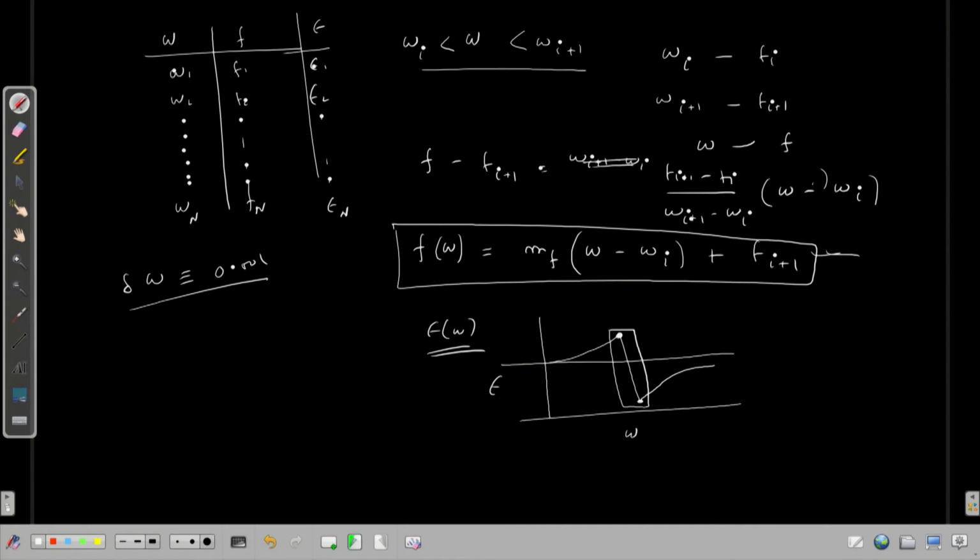So it is sometimes safe, let us say if this omega is in between some omega I and omega I plus 1, to always verify how your epsilon is changing.